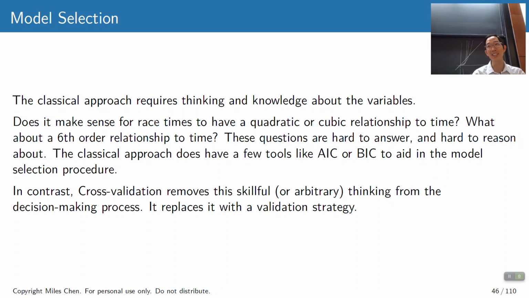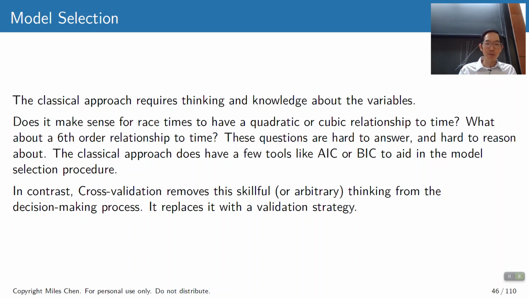Jerk is the 3rd order relationship to time, and I kind of understand that. That's the feeling you get when the elevator starts moving, right? The acceleration has changed itself, and so you get that change. But then it's a little bit like, what is a 6th order relationship to time? And that's harder to answer, okay? And harder to think about.